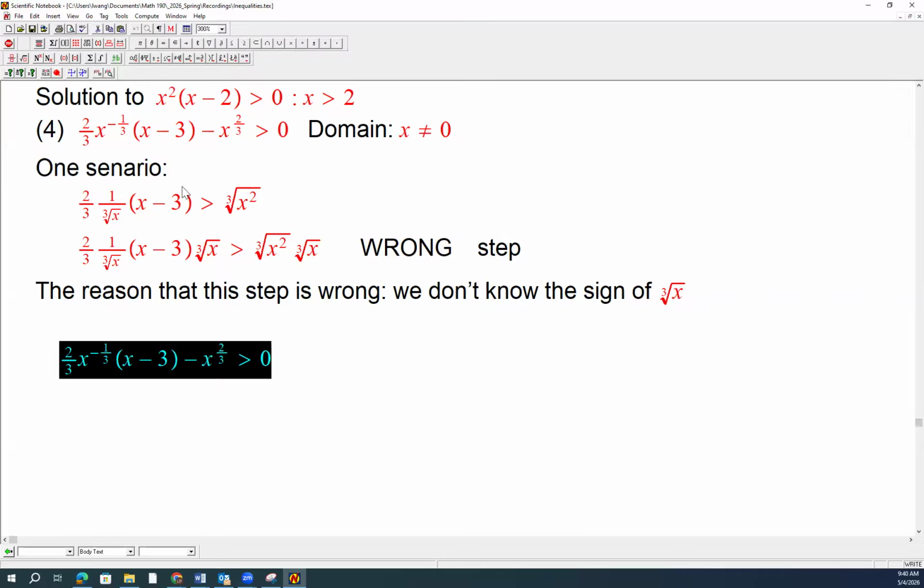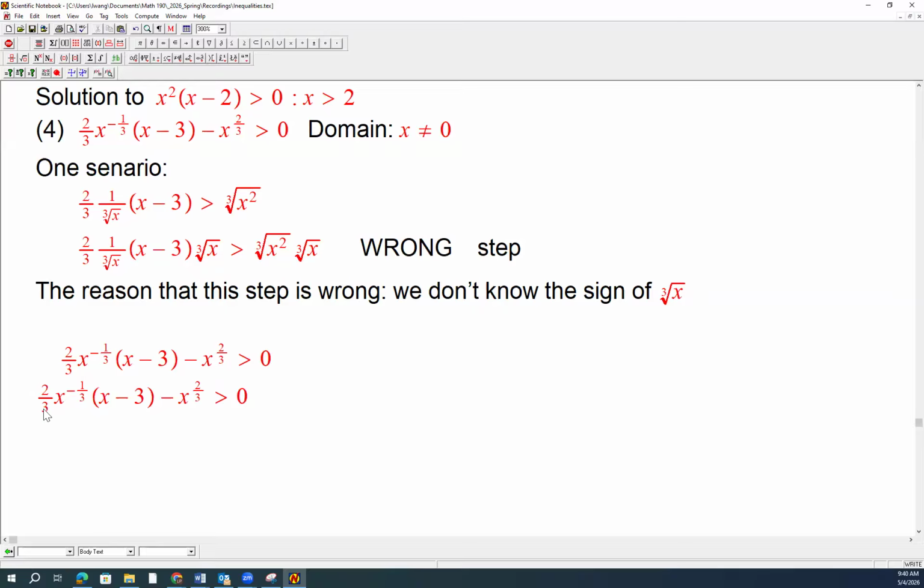Our intention is to factor out the 3 and factor out x raised to the power 1/3. We already have the 1/3 to take out, and in this piece, we don't have x raised to the power negative 1/3.